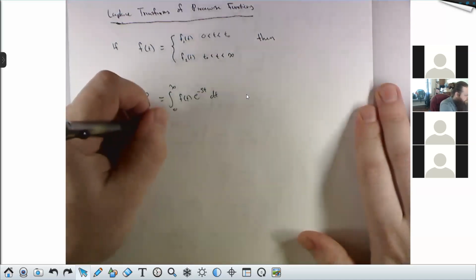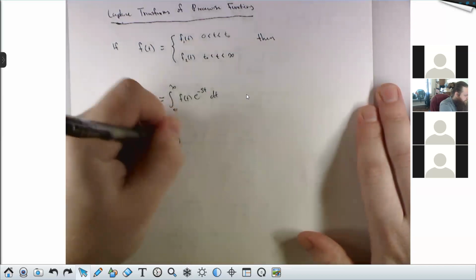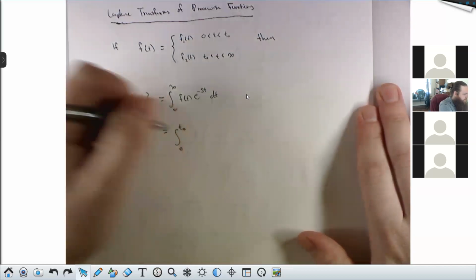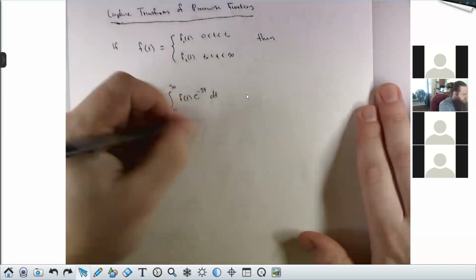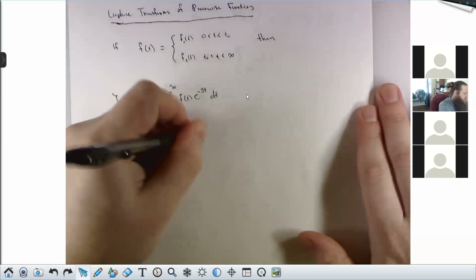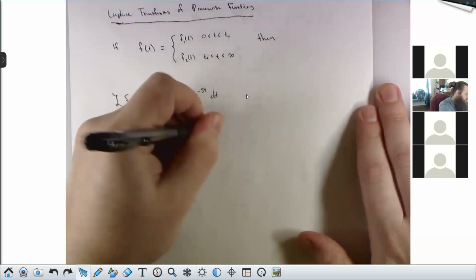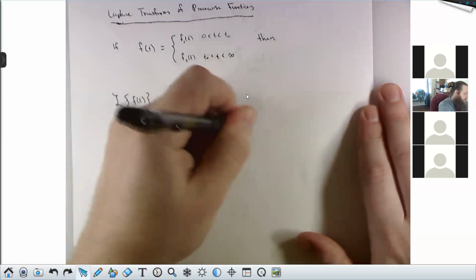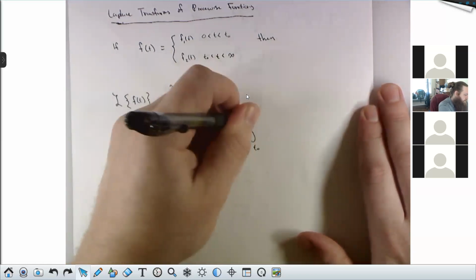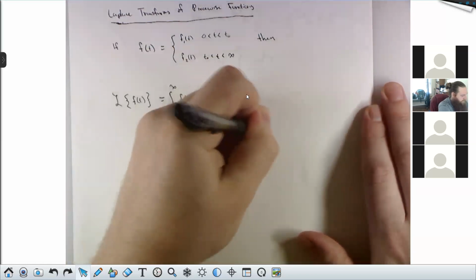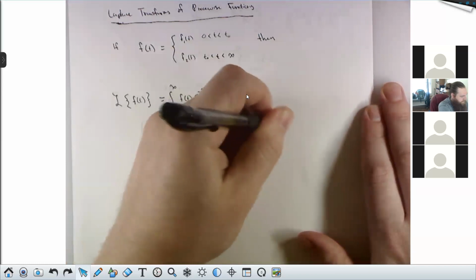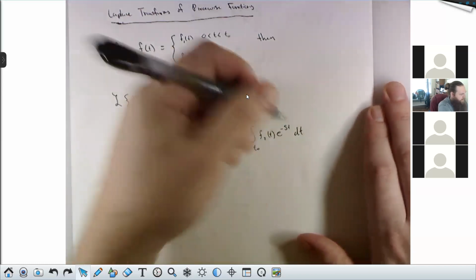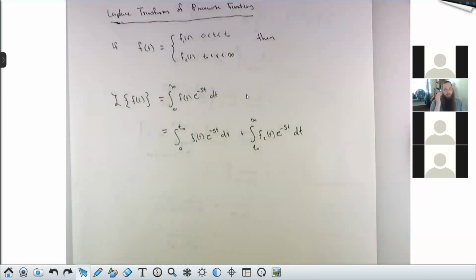The way you would do this is by integrating from 0 to t naught, f1 of t e to the negative st dt, and then adding that to the integral from t naught to infinity of f2 of t e to the negative st dt, the same way you would integrate any other piecewise function.